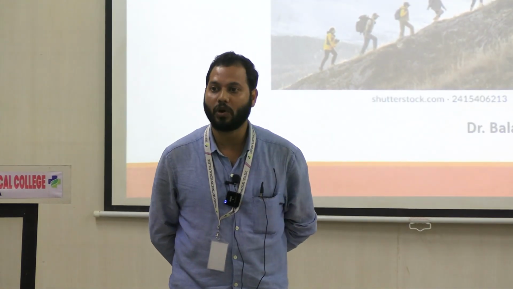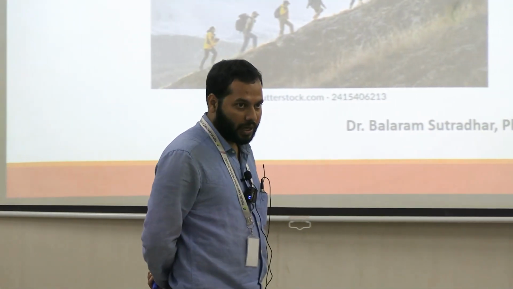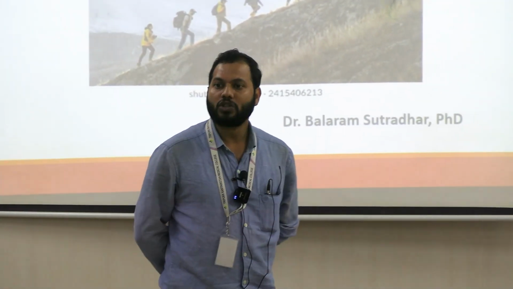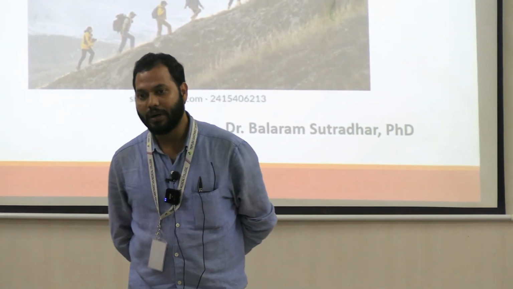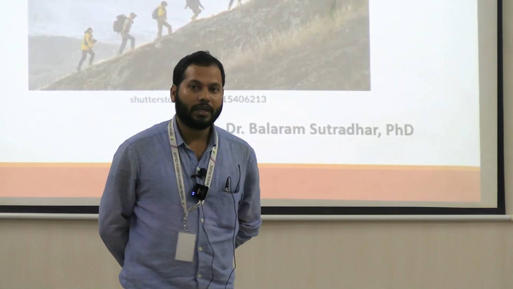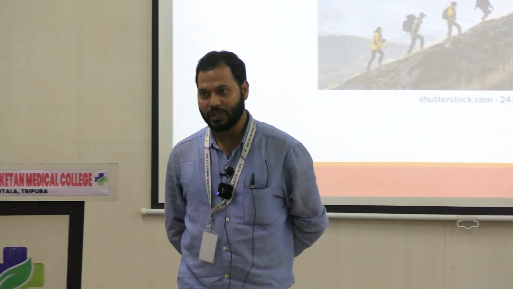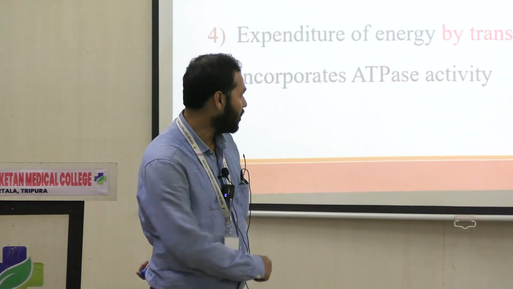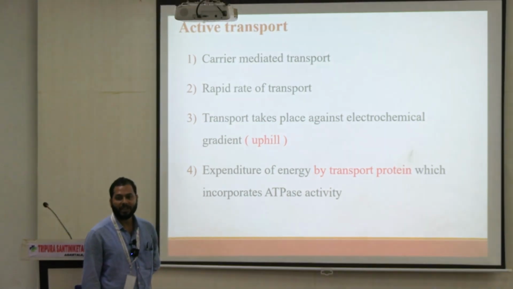So this is the most important feature. It is an uphill journey. Energy is required, and the most important source of that energy is the hydrolysis of ATP, right? And here the molecular movement occurs against the concentration gradient, right? So these are the most important features of active transport.